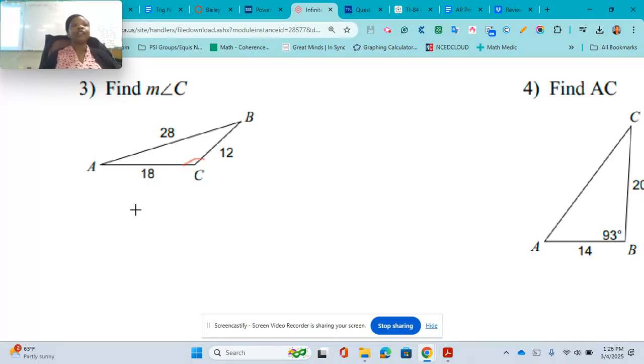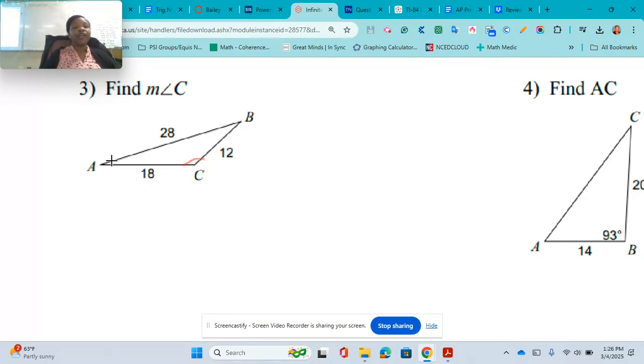Now, in order for us to use the law of cosine, you will always start with the smallest angle first. So the smallest angle will be opposite from the smallest length. So the smallest length is 12.